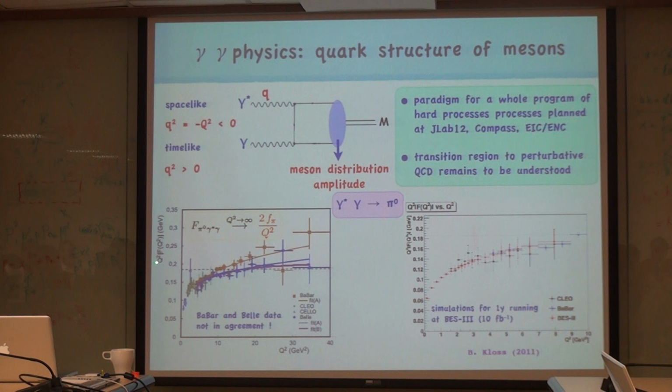So if you multiply this form factor with Q squared, you should find a constant. And actually, in the leading perturbative QCD description, if you take a so-called democratic sharing, one calls it maybe, between the quark and the antiquark, which means that the probability to find that this quark has a certain momentum fraction and the antiquark has then 1 minus this momentum fraction, they're basically moving collinear.